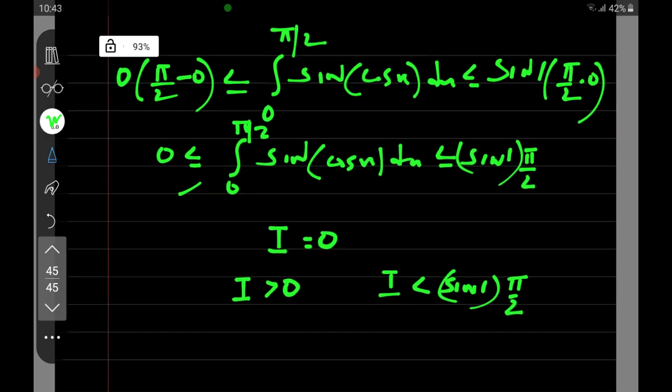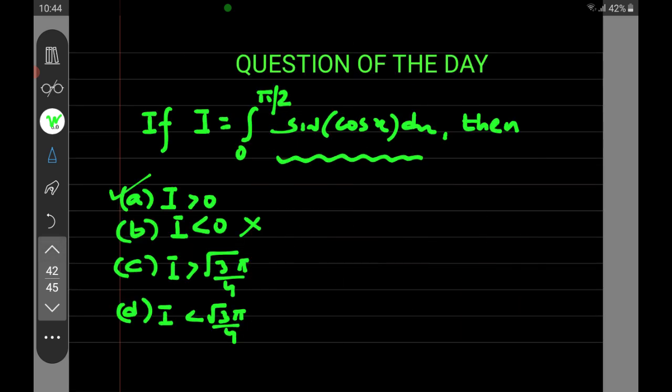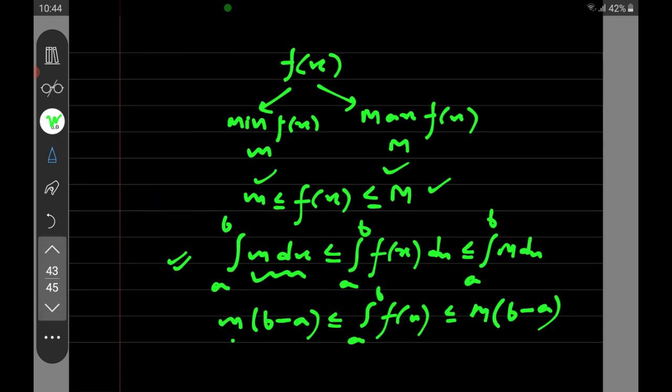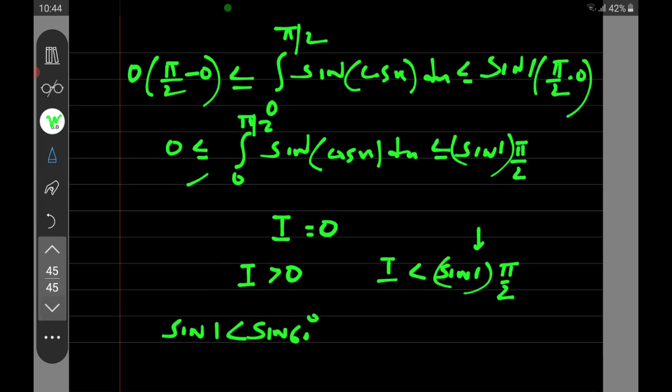Sine 1, here 1 is in radians. We know that sine 1 is less than sine 60 degrees. Why are we using sine 60 degrees? Because the options are given in terms of root 3. The value of sine at 60 degrees is in terms of root 3.